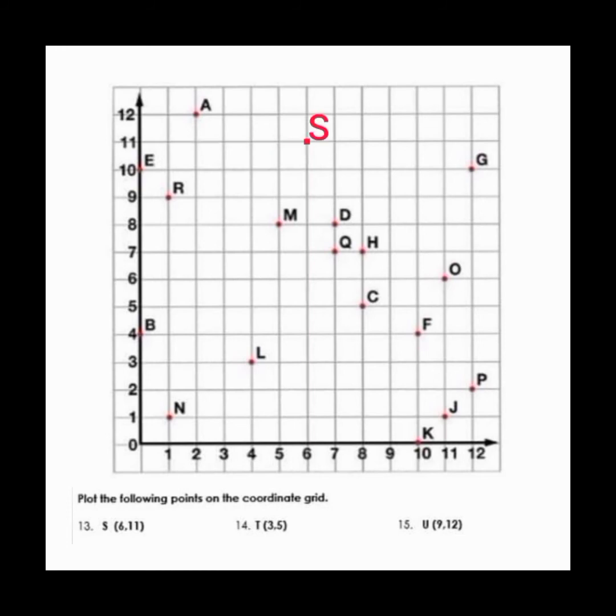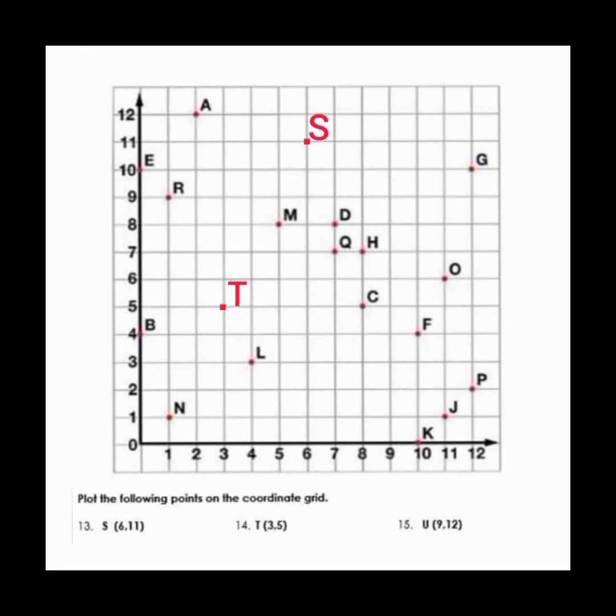Problem 14, we're going to plot letter T on the x-axis on number 3, and on the y-axis number 5. So we're just going to go where 3 and 5 meet, and that's where we're going to plot letter T. Number 15, for letter U, they want us to use the coordinates 9, 12.